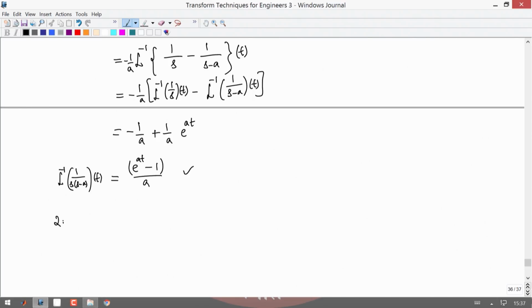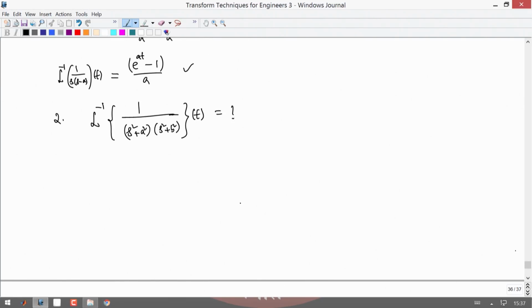We can look at other examples, such as what is the L inversion of 1 over s square plus a square times s square plus b square as a function of t. This also you can evaluate. How do we do this?